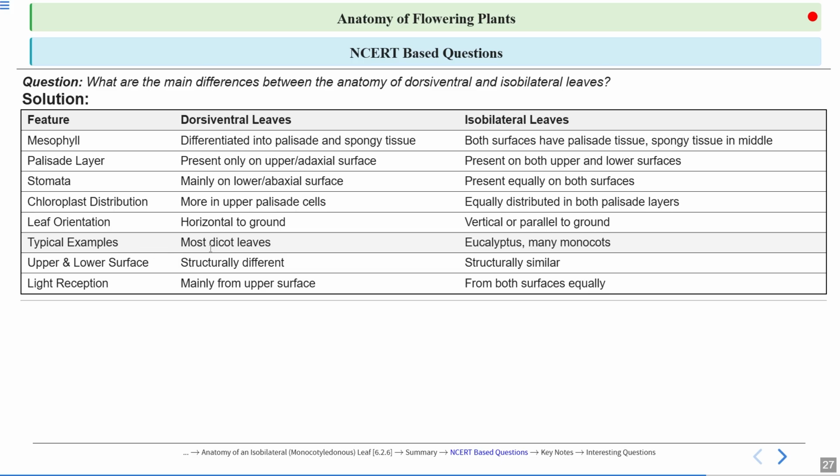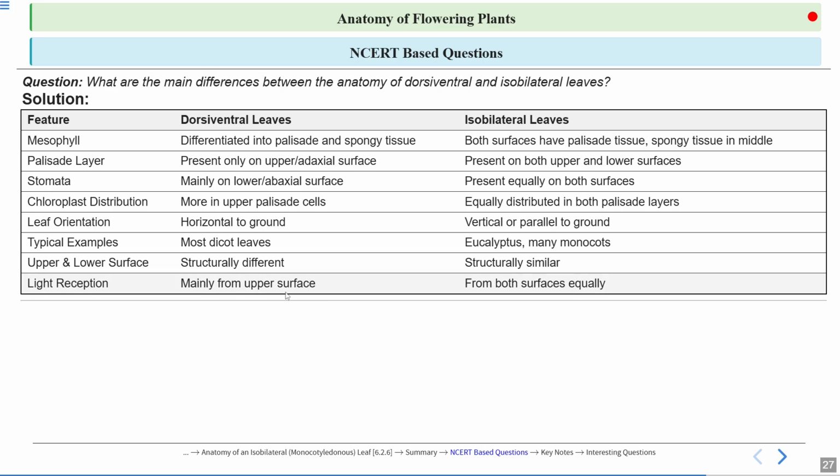Typical examples: most dicot leaves are dorsiventral, and eucalyptus and many monocots are isobilateral. The upper and lower surfaces are structurally different in the dicot leaf. But in the case of the isobilateral monocot leaf, the surfaces will be quite similar.